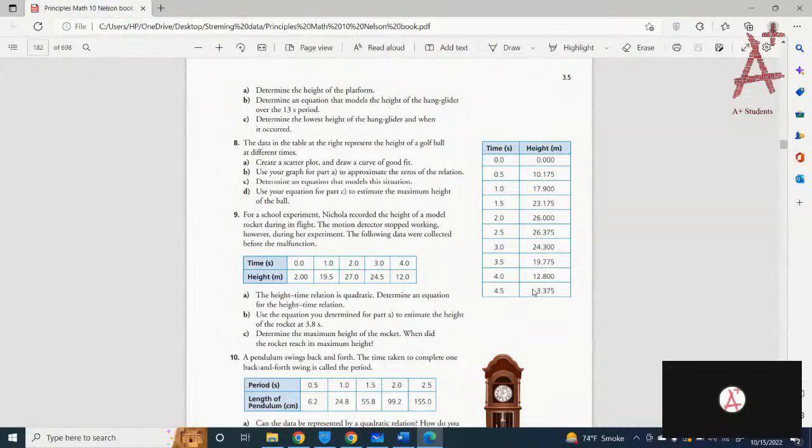Let me copy and paste the question on the board. So most of the questions are the same. You have to do the same things.